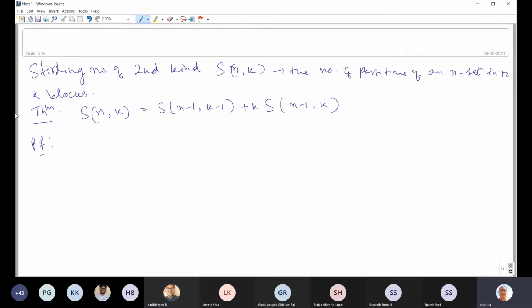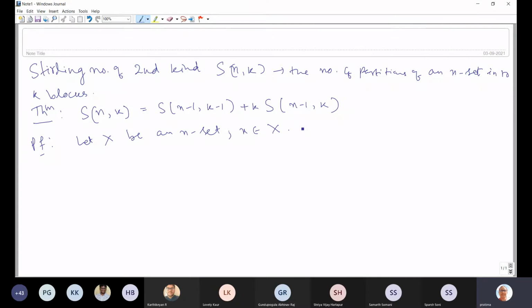What you are saying is, let me write. Let X be an n-set, so we take that X contains n elements. And let small x be an element here, x belongs to X, suppose.